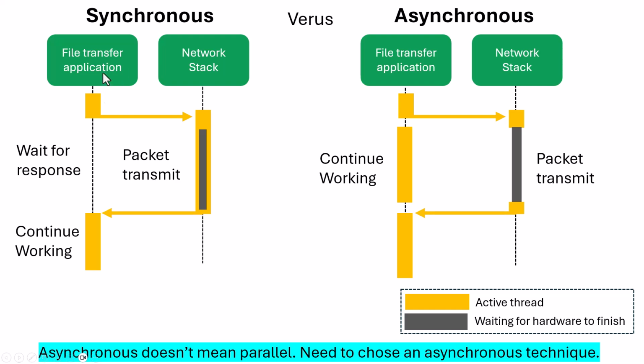If this is the active thread running, the file transfer application could send some data to the network stack to send across. And while the network stack is sending the data, it can just sit there and wait. Then when the network stack is done, that thread returns back to the file transfer application and continues working, and could then send more data.